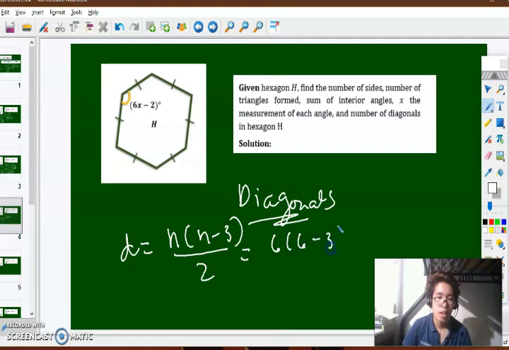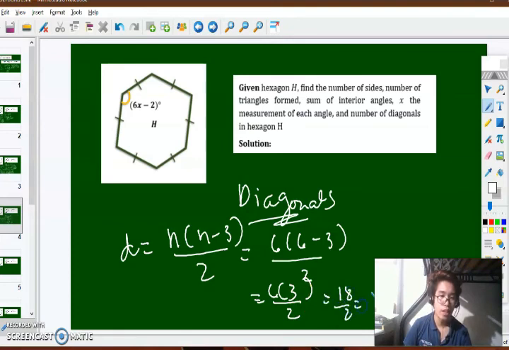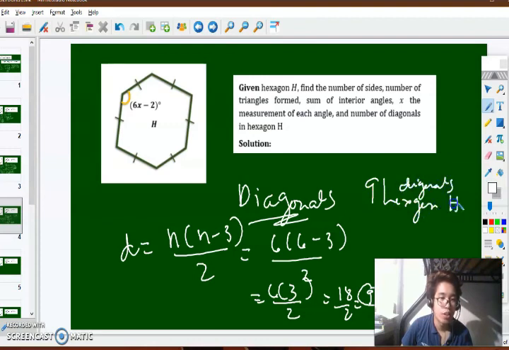So 6 times 6 minus 3 all over 2. 6 minus 3 is 3, so 3 times 6 all over 2. 6 times 3 is 18 over 2, and 18 over 2 is simply 9. Therefore, there are 9 diagonals for hexagon H.